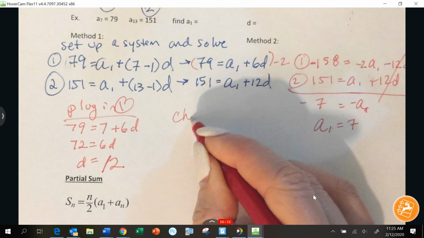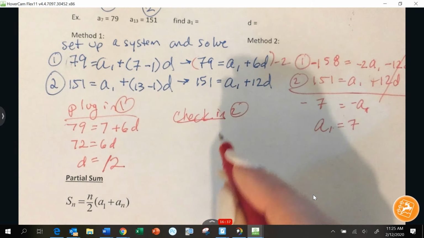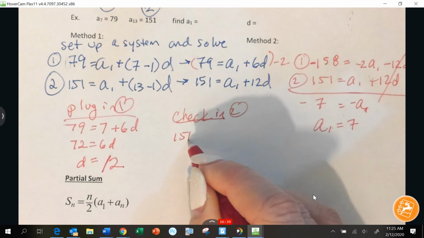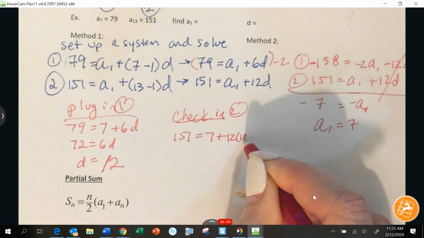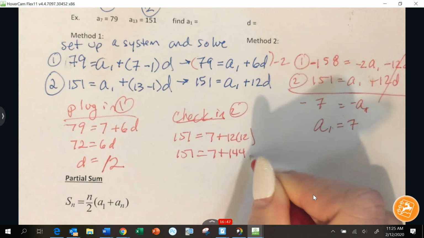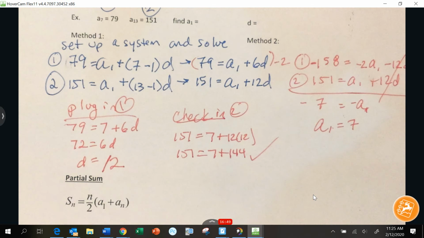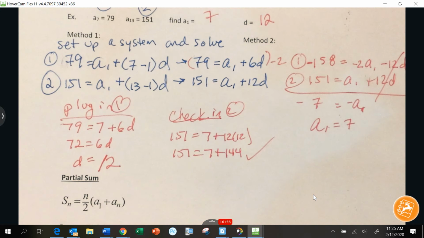Now we should probably check our answer. 151 equals 7 plus 12 times 12, equals 7 plus 144. Does that work? So a sub 1 is 7 and d is 12.